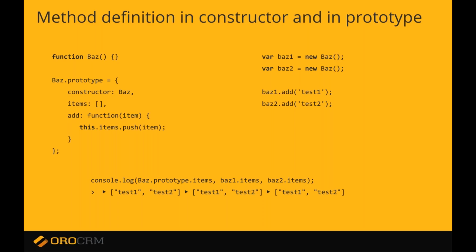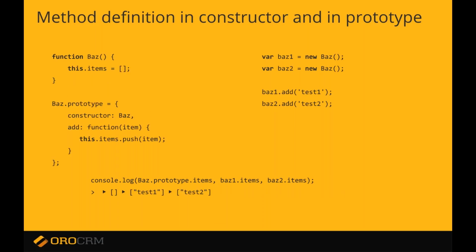which is not correct. To solve this issue, we have to always remember that instances created with the same constructor share their prototypes. If an object is assigned to the prototype and manipulated over the prototype, it will spoil other instances and even the constructor for future instances. To solve this issue, we have to define items in the constructor.